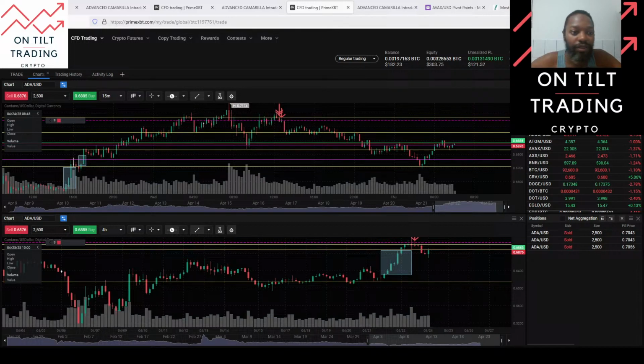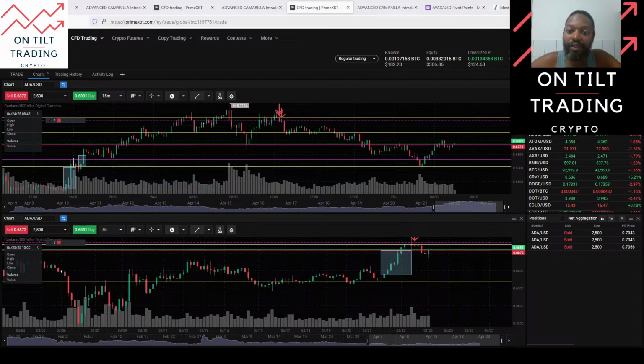And then setting the opening range for Cardano using VPA, we can see this candle here has the volume, so we set the lower end of the range here, and then volume coming in on this candle, so setting the upper end of the range right here. And we can see Cardano is trading above the range right now at the S3 level.